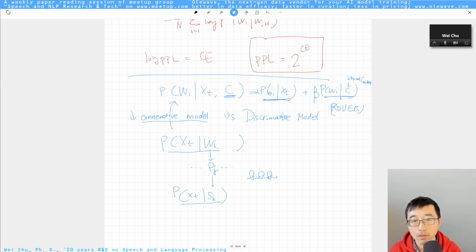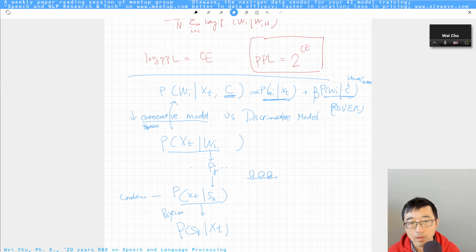And you know, this is a conditional probability, right? Then you further convert this into this one by using the Bayesian rule, right? Use Bayesian again.